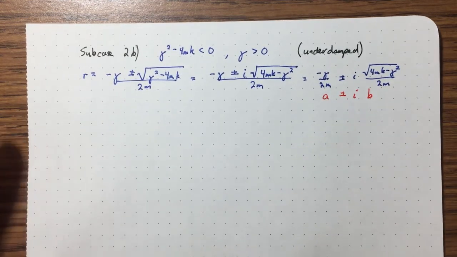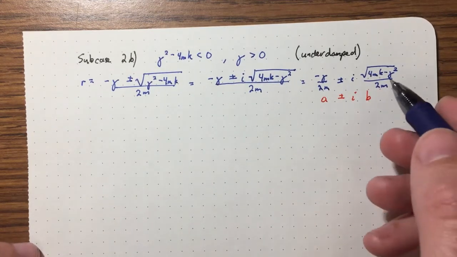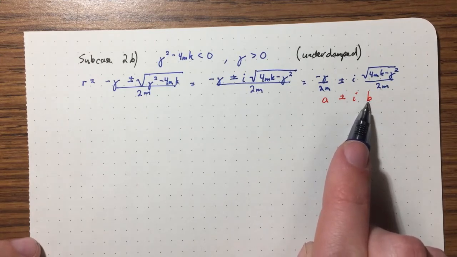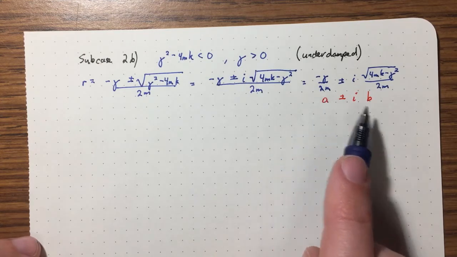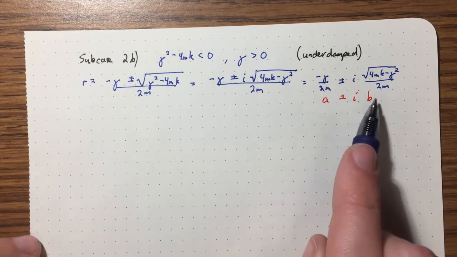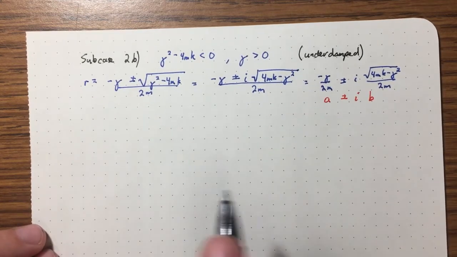We end up getting products of exponentials and cosines, and exponentials and sines. But before I write that out, recall what this b actually ends up being inside the trigonometric functions, right? Because we have e to the at cosine bt plus e to the at sine bt. We can multiply them both by arbitrary constants.